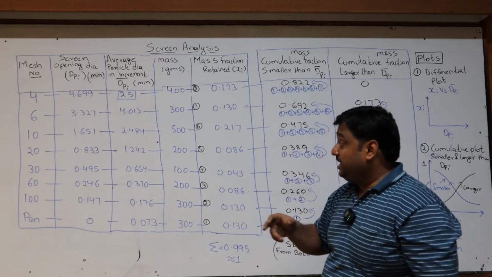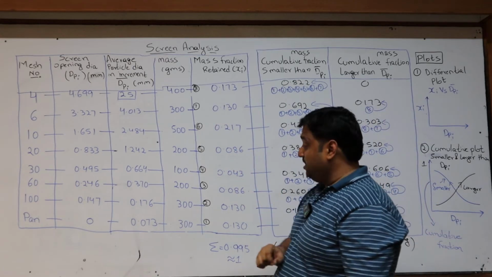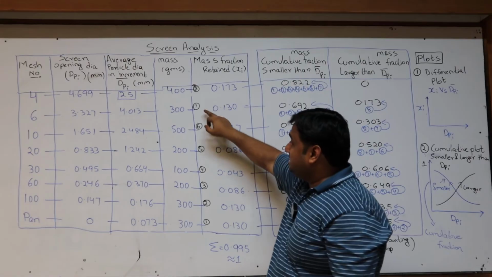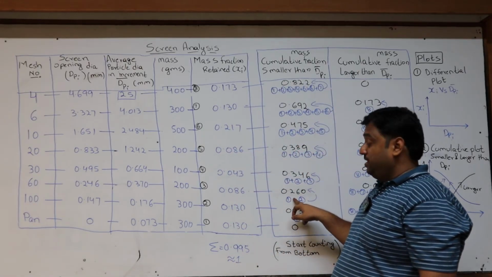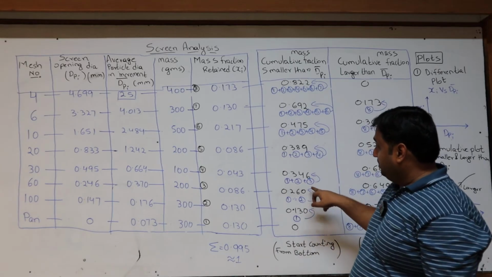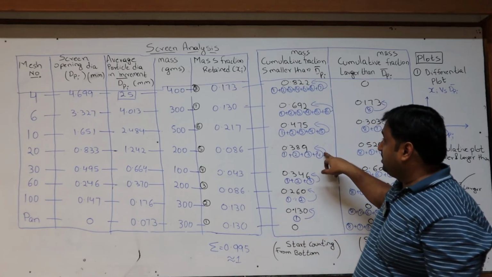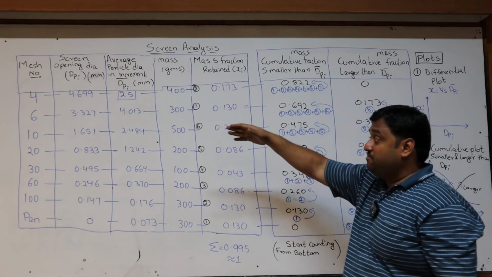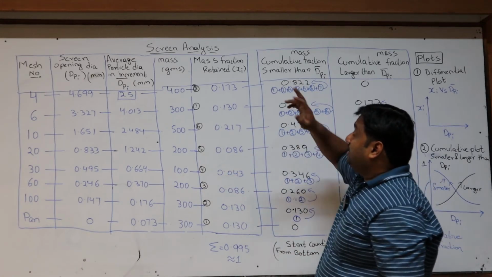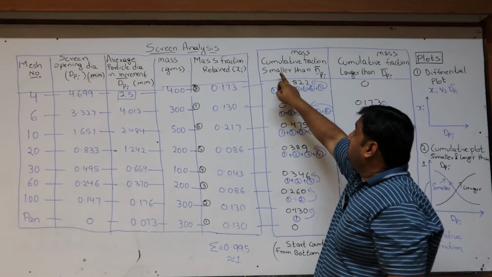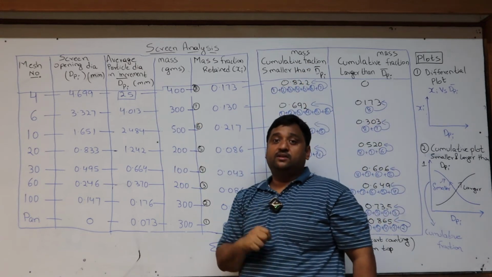For simplicity, I have given you some numbering here: 1, 2, 3, 4, 5. Some numbering to it so that it is easy for you to sum it. And the final one is 25.